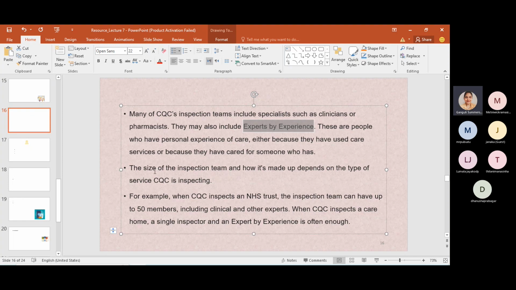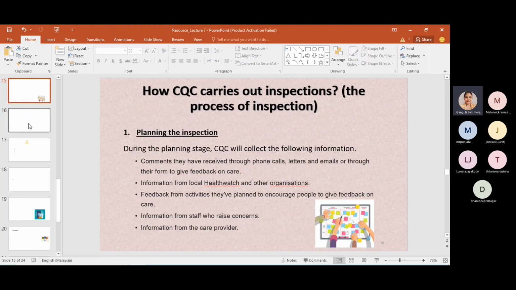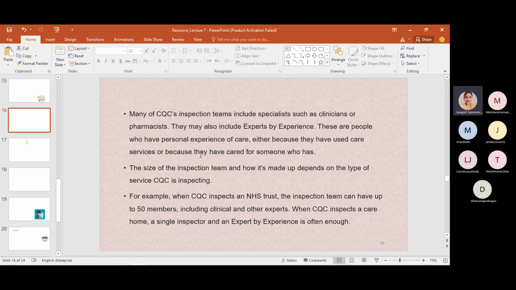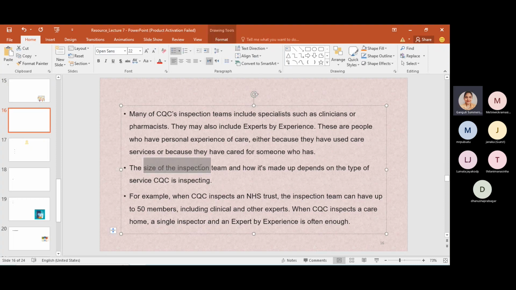During the planning stage, the size of the inspection team is also decided. The size of the team depends on the type of service that CQC is inspecting. For example, if the CQC is inspecting an NHS trust, the inspection team will have up to 50 members.